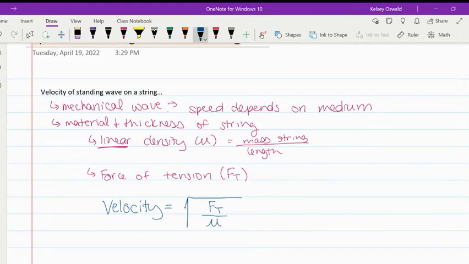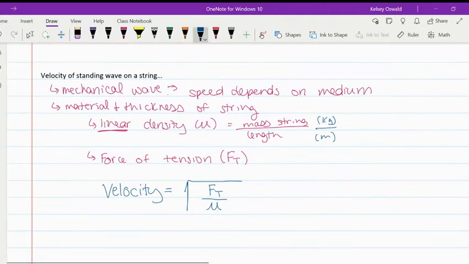Okay, so given the force of tension of a string and the linear density, so how that mass in kilograms is distributed amongst its length in meters, will tell you how quickly that wave will be able to move.